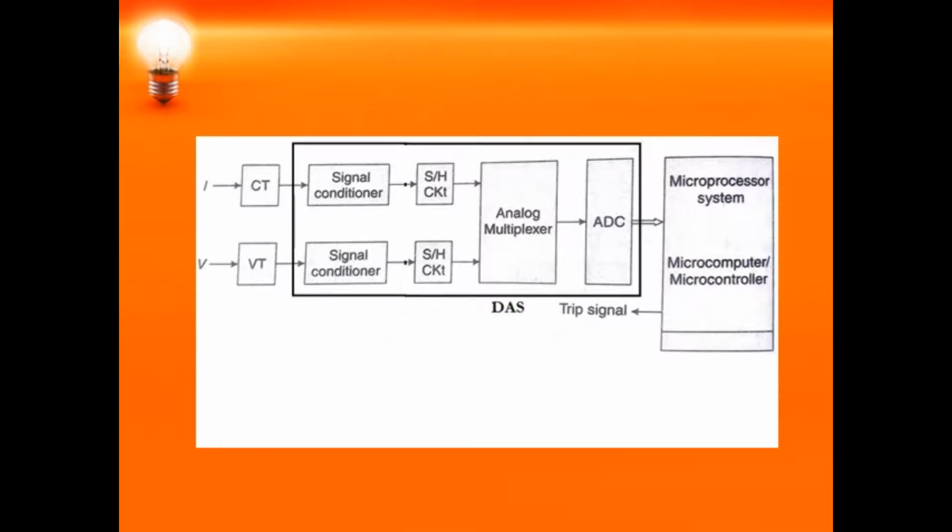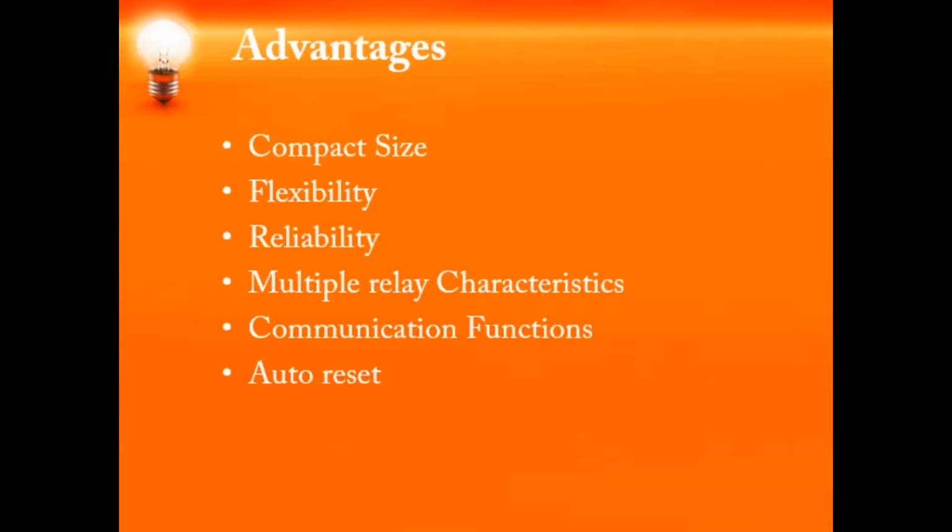The advantage of using the numerical relay, first, is that the size is compact. The physical design of the numerical relay is smaller when compared to electromechanical relays, where you have the disc, the spindle and everything, whereas in numerical relays it is not required.